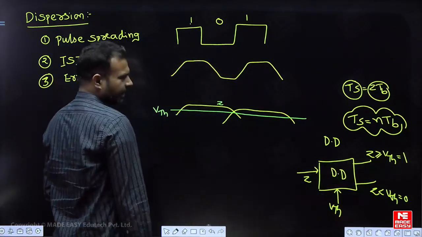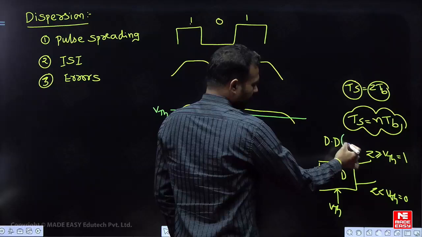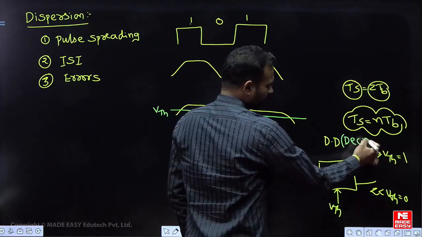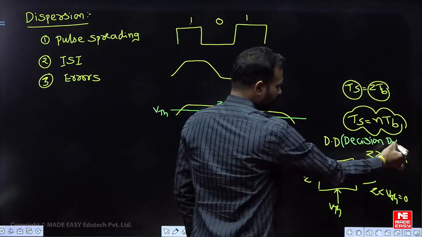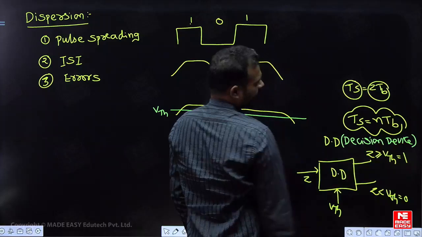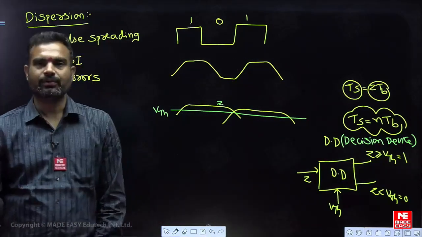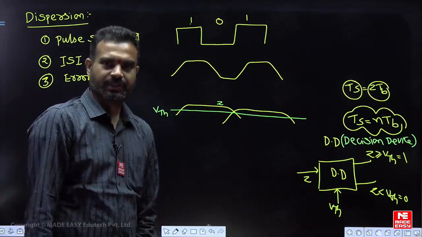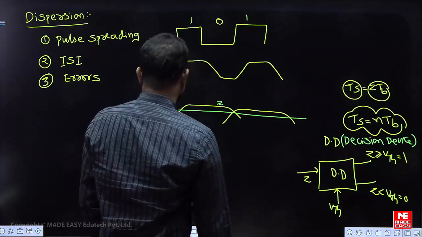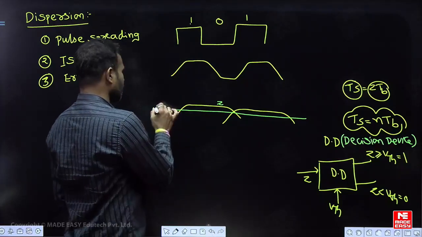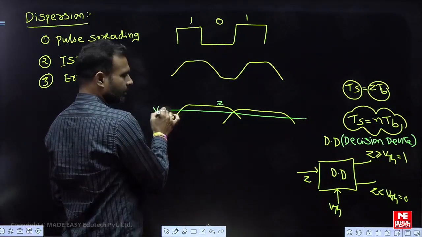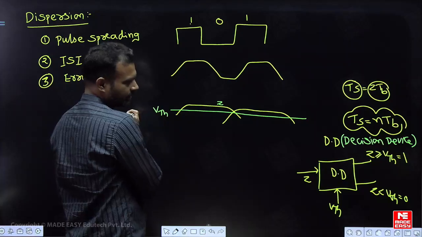DD stands for decision device. This is our decision device. It takes a decision in favor of 1 or in favor of 0. VTH is called the threshold voltage.